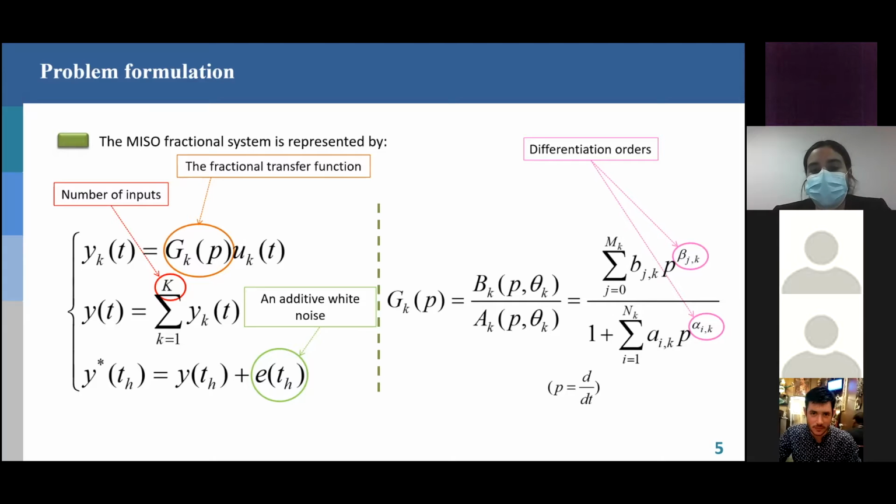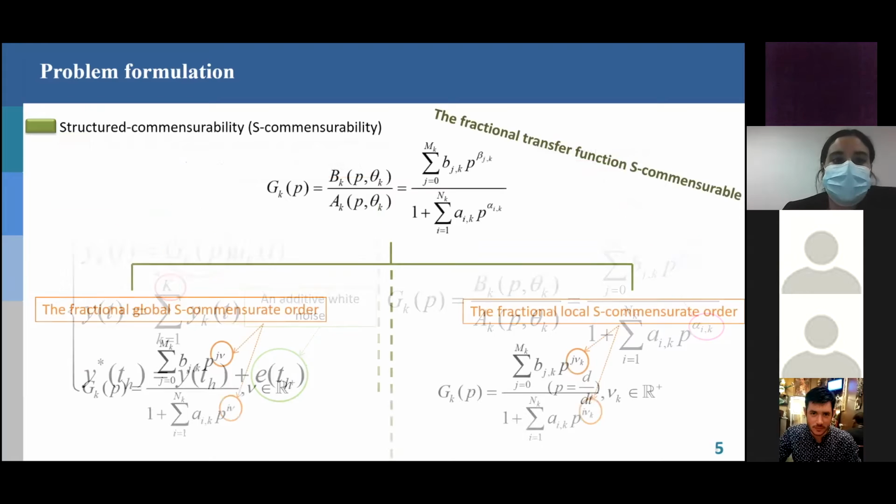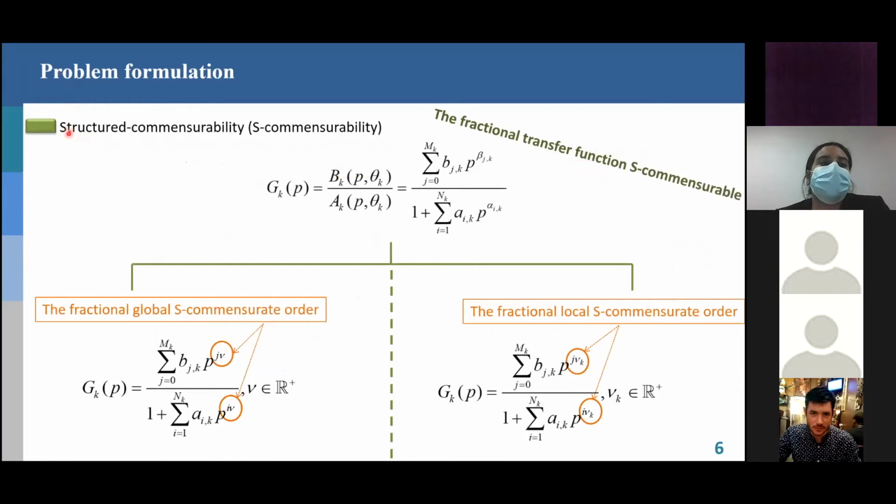We can see here the fractional transfer function Gk, which is represented by this equation. We can see also that beta and alpha k represent the differentiation orders. So here I'm going to talk about a new definition, which is the structured commensurability.